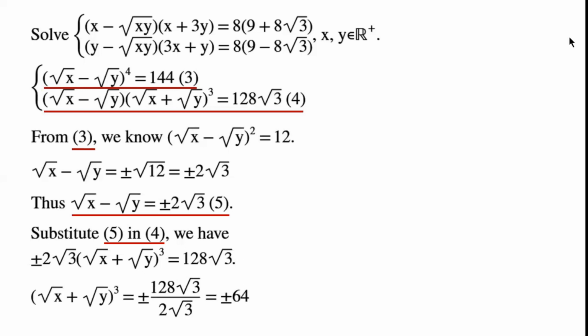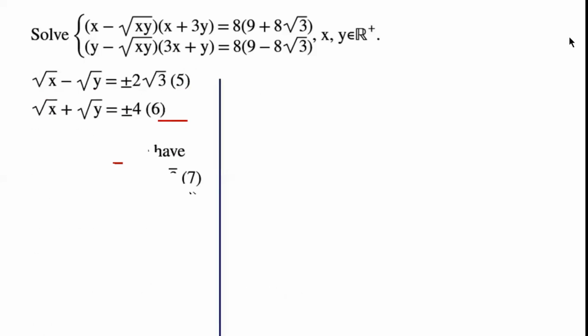So by rearranging the equation, we have (√x + √y)³ equals plus or minus 128√3 over 2√3, which equals plus or minus 64. Thus, √x + √y equals plus or minus 4.